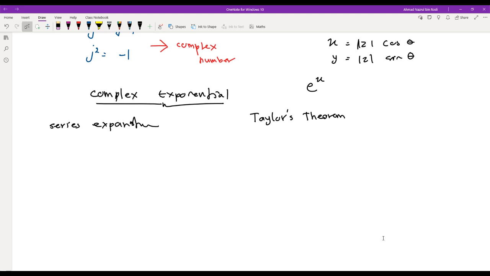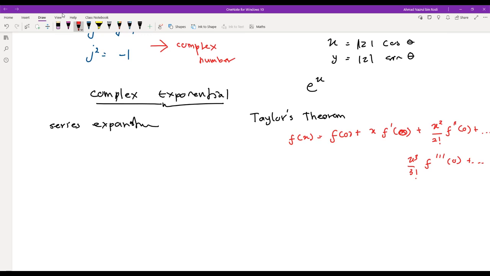So Taylor's theorem is the function f(x) equal to f(0) plus x times the differentiation of the function at 0, and then they have x square over 2 factorial f double prime, and then plus x cubed over 3 factorial f triple prime at 0, and they continue.